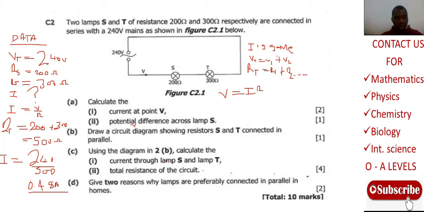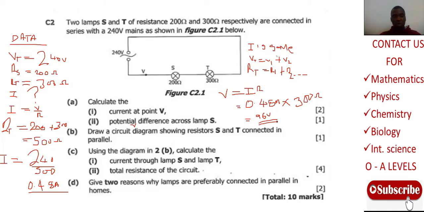So we are going to use the same current we have found there, which is 0.48 amps, multiplied by the 300 ohms. Then our answer here is going to give us 96 volts. And that is our potential difference.